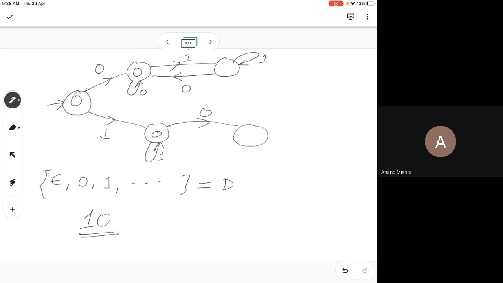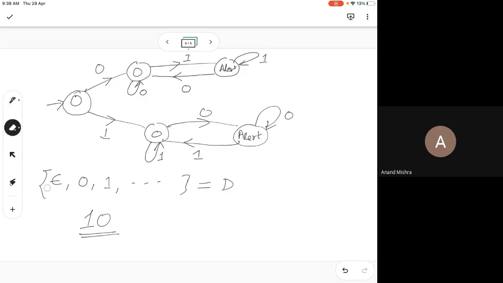Let's call this the alert state. You are alert now. And whenever you again read 1, you will go to the final state. If you read more zeros, no problem. So this way we have designed this DFA for D.